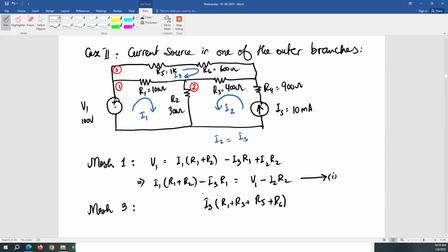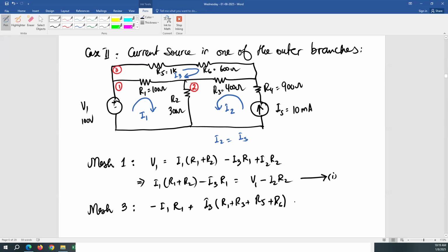All right, what else? Minus I1 times R1. What else? Okay, so I2 is going through R3 in the same direction as I3. So the same direction, that means the voltage drop across R3 is going to be in the same direction as I3.